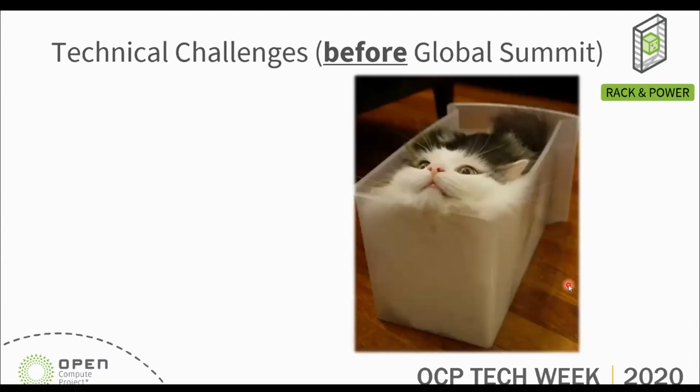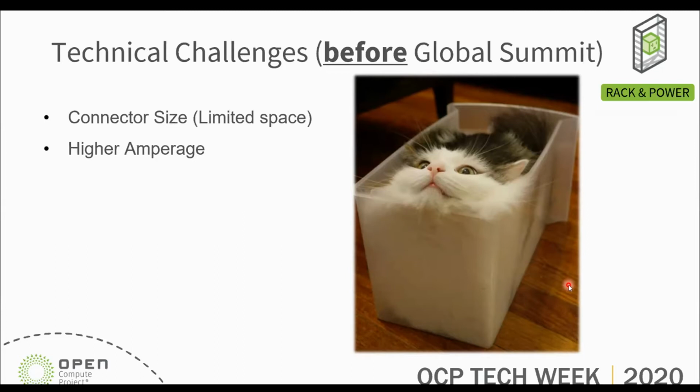The challenge was trying to fit the connector into a very limited space, as the scope was very tight. So limited space was the first challenge, and then the higher amperage, as we have seen in the previous slide, keeps increasing, and the same goes for voltage.